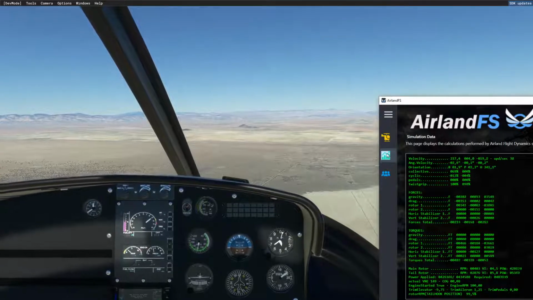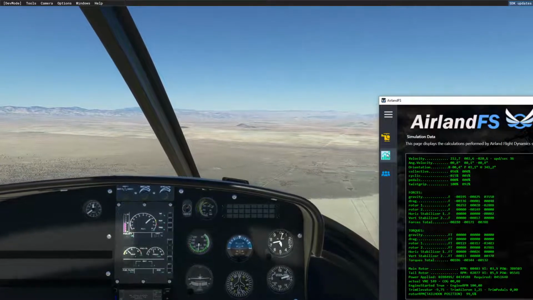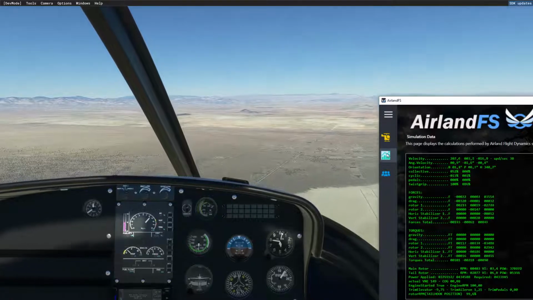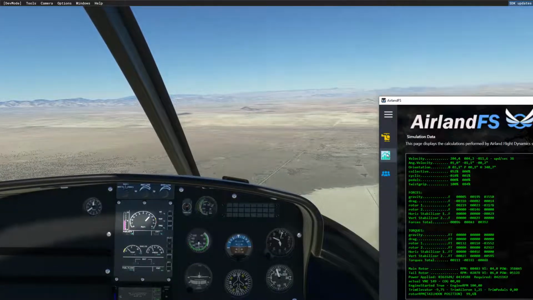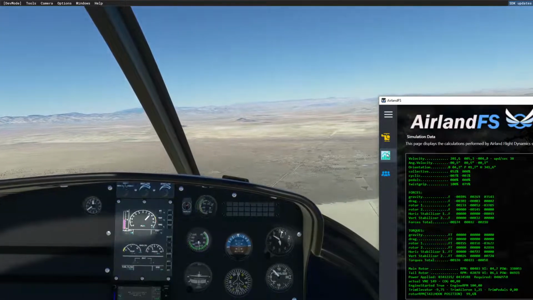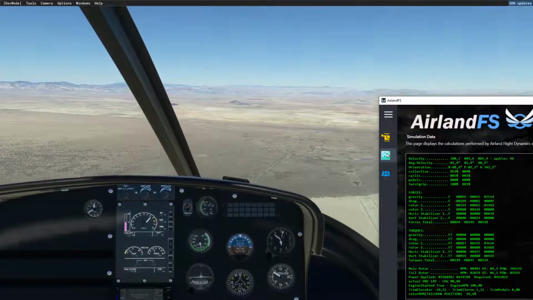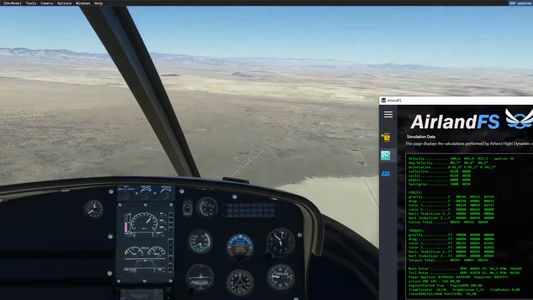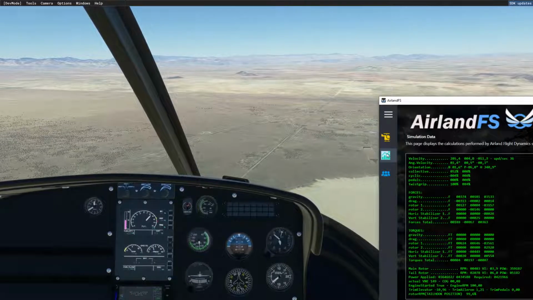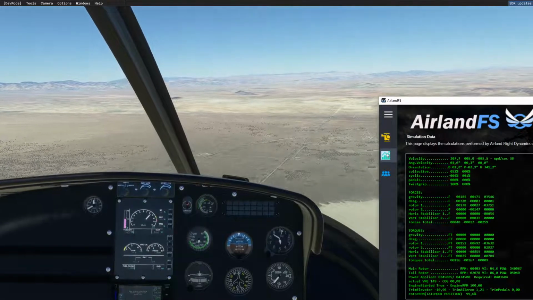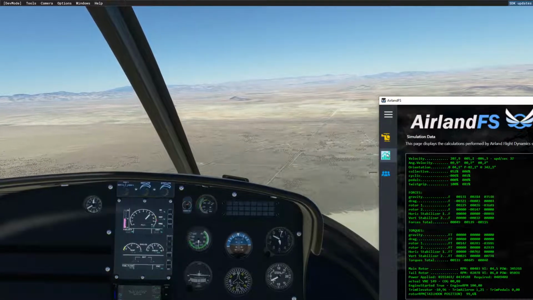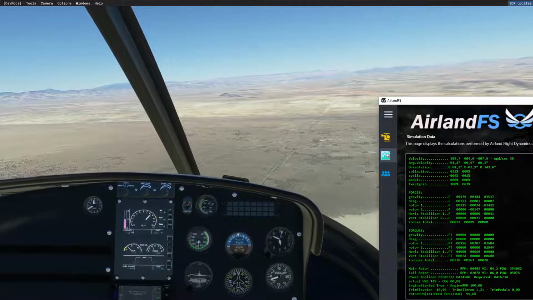Now, if I reduce my collective back to where it was, I think around 52%, and try to fly always at 120 knots, it will go back to where I was before.